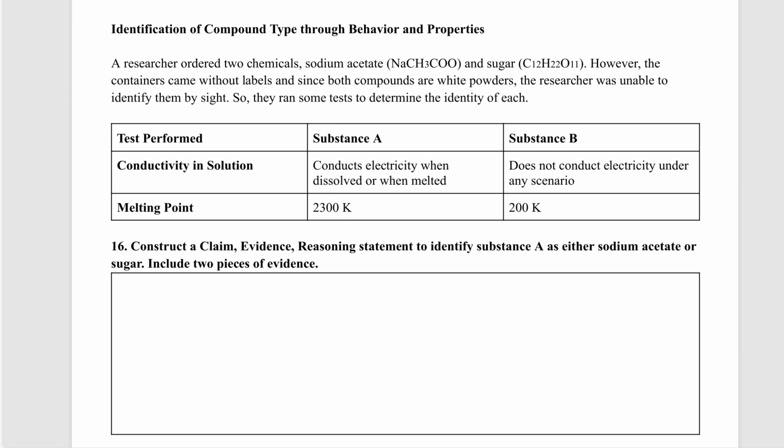All right, so this is building off of the lab and the lab report. So researcher obtained 2 chemicals, sodium acetate and sugar, but he doesn't know which is which. So sodium acetate, we can see that is an ionic compound because there is a metal with nonmetals, and sugar is covalent.